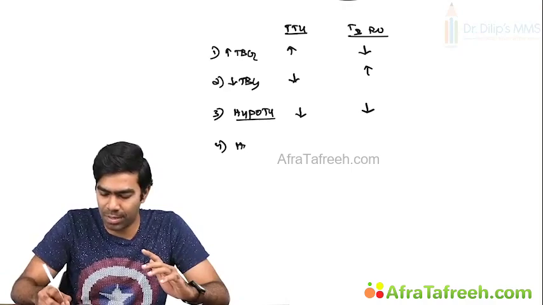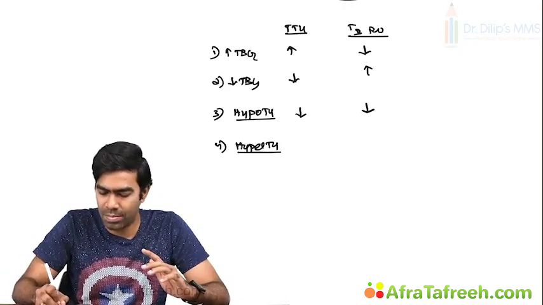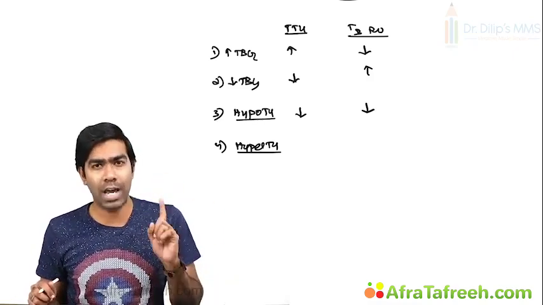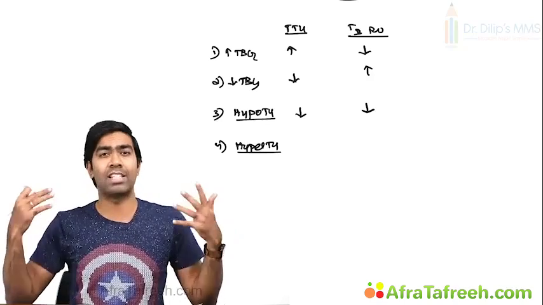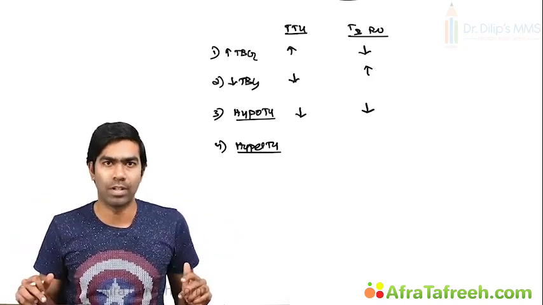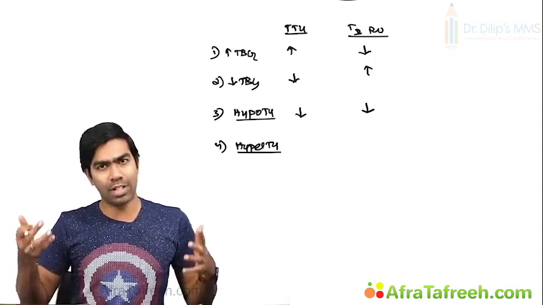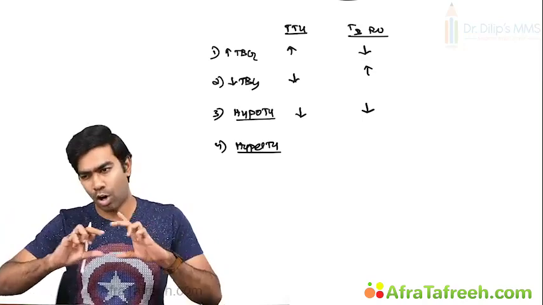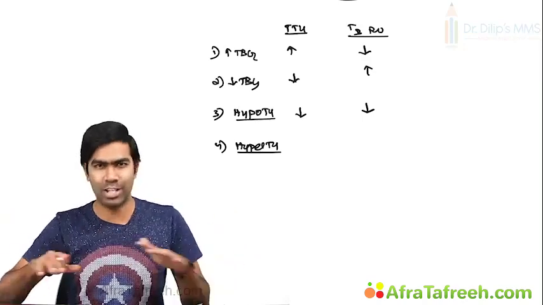Similarly, in a true hyperthyroid state, this is not a problem of TBG. It's a true hyperthyroidism where there is excess production of T4 in the body. This excess T4 will occupy all the TBG binding sites and saturate the TBG.